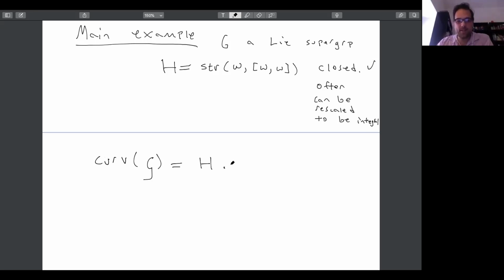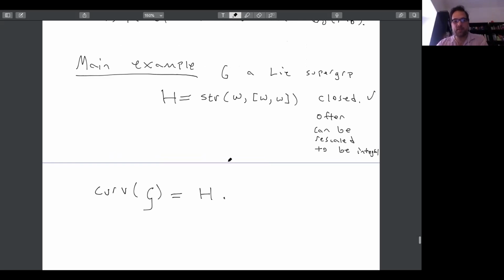That was the main example I had in mind. And yes, it's entirely reasonable to think also about examples coming from obstruction theory as well. But because I was motivated by this Witten picture, this is what I started thinking about. But yes, of course, from these theorems that I have stated so far, because you have a closed integral de Rham form, there is a bundle gerbe with that curvature.